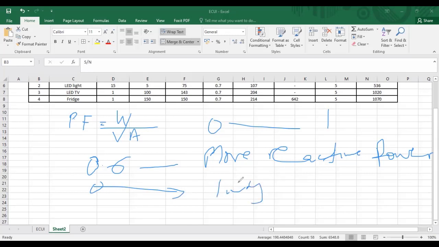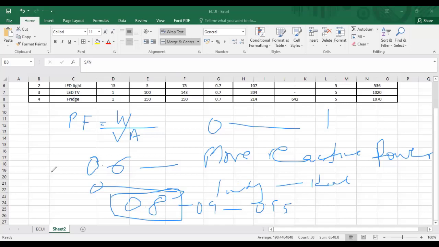But I told you, unity will be an ideal situation, and you may not really have an ideal situation. So at least your power factor should be around, the DISCO agreed to a power factor of 0.8. If you have 0.9, it is good. 0.95 is good, and so on.